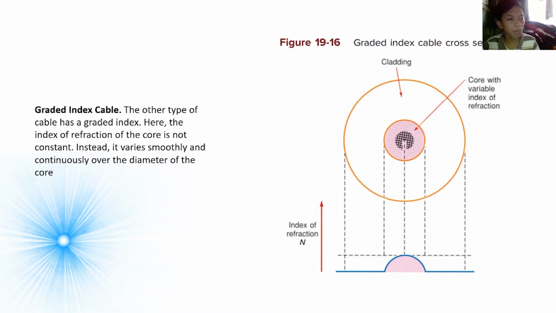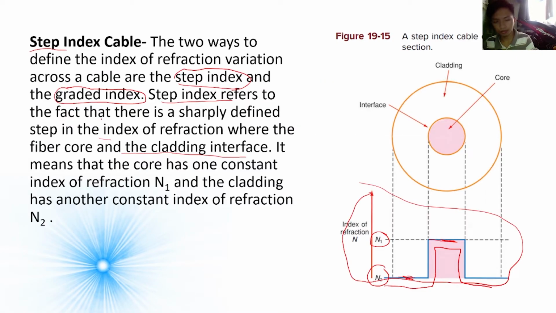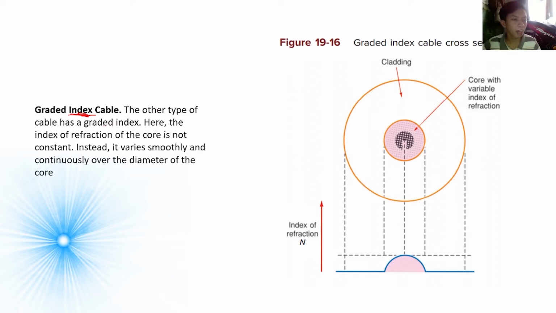The other type of cable has a graded index. Again, we're talking about the index. As I said a while ago, we have two, which are this index of refraction and this mode. So the other type of cable can be illustrated using this one.